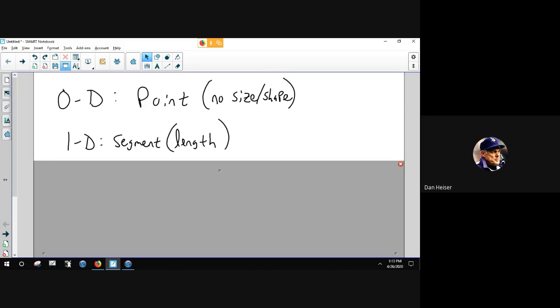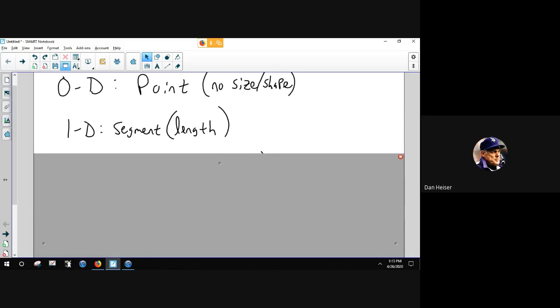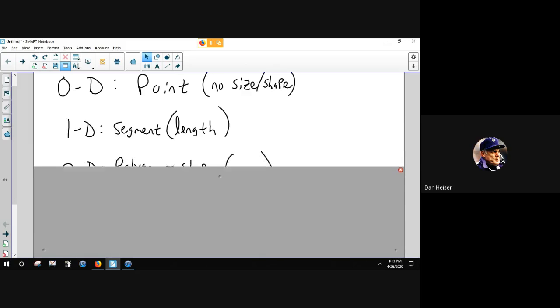We also measured some other things. But the basis of our next unit requires that we know how to measure length. And then from there, we moved into the two-dimensional world, where we looked at various types of polygons and more recently circles.